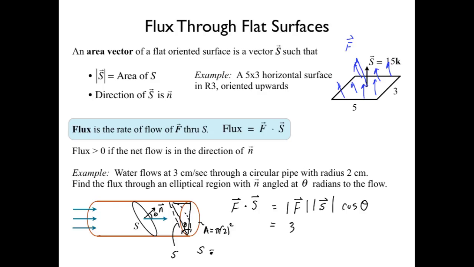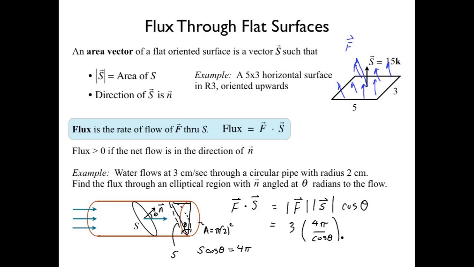So S times cosine theta equals 4 pi, or A. You see that? S is like the hypotenuse of the triangle, where the adjacent side is the area of this ellipse. So the magnitude of the S vector is 4 pi over cosine theta.